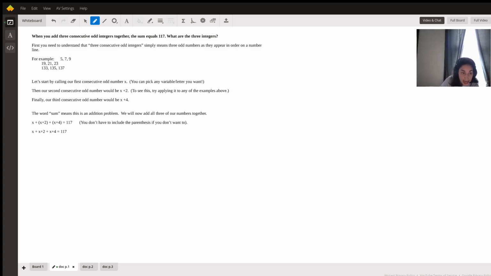In this next step, I drop the parentheses, and now you're going to add like terms. If we add the x's, we end up with 3x plus, now we add our constants, or just our regular numbers, which is 6, equals 117. Let me clean that up.